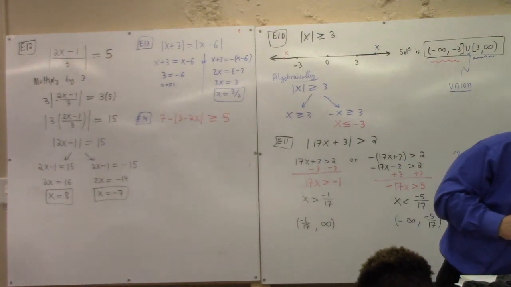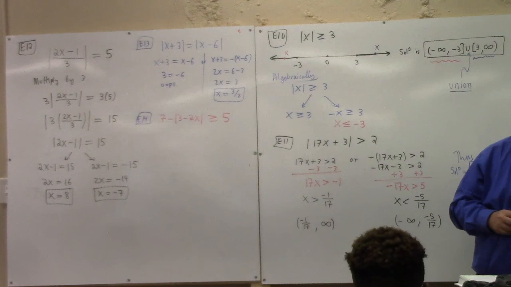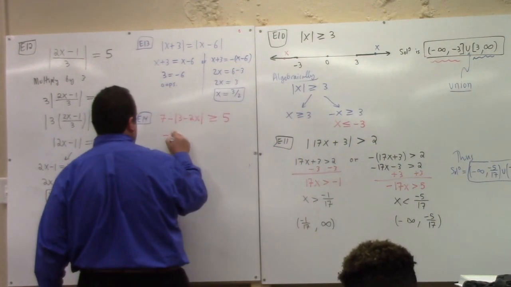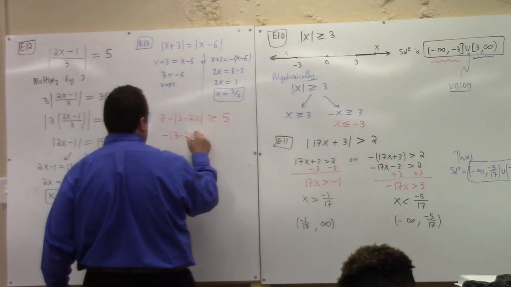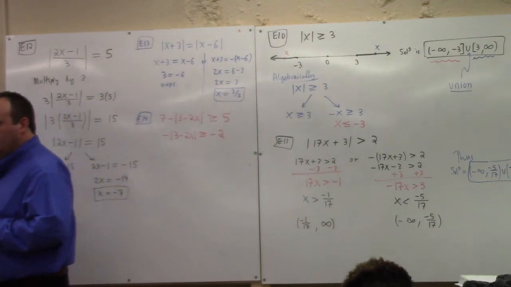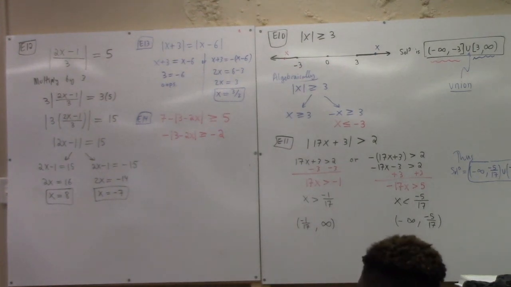How are we gonna deal with something like this? Subtract the 7, right? So that gives us minus absolute value of 3 minus 2x is greater than or equal to minus 2. Now what are we going to do? Oh man, this is one of those greater than or equal to problems.